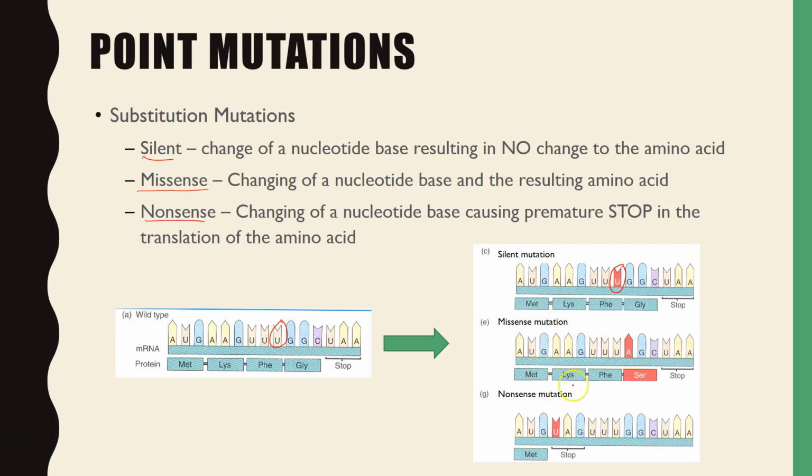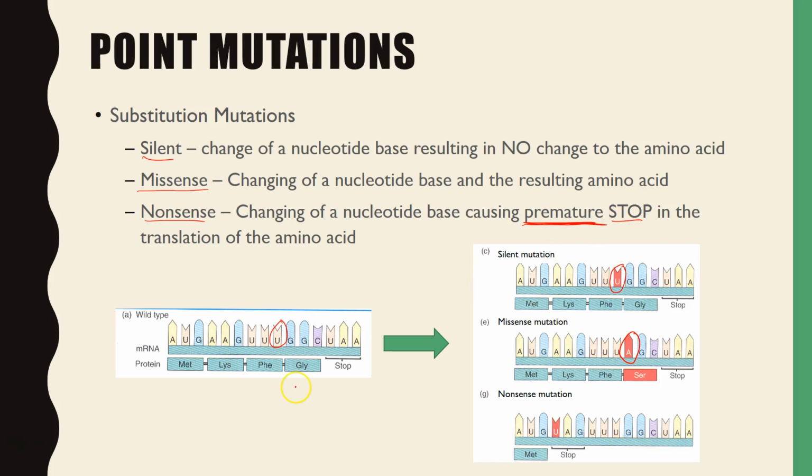A missense mutation is where we got our nucleotide sequence here, and we've changed one of the nucleotides, and that will result in a change in the amino acid. From there, we also have a nonsense mutation. So nonsense mutation is a changing of a nucleotide base, which results in the production of a premature stop codon.